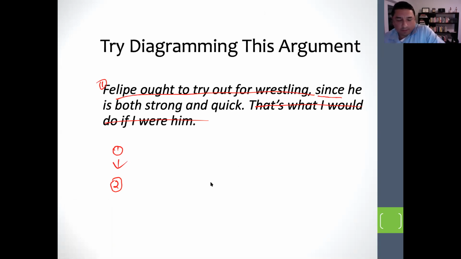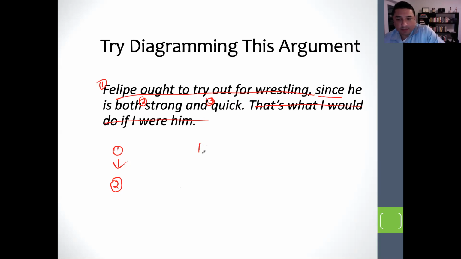Okay, so say I were to do it this way. He is both strong. Whoops. Okay, so he is both strong. That's one statement, and he is quick. You would write it out this way.